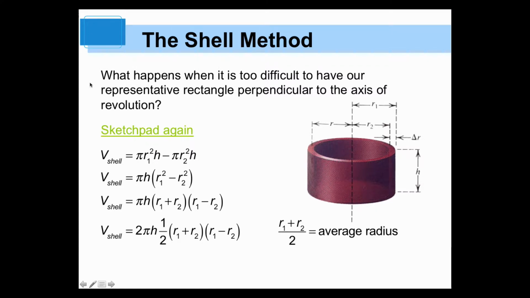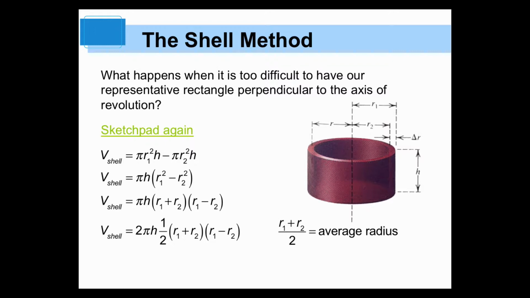First things first, R1 plus R2 divided by 2 is the average radius of that shell. That's why I needed the 1/2 here, because I want to turn this expression, the 1/2 times the quantity R1 plus R2, into the average radius.